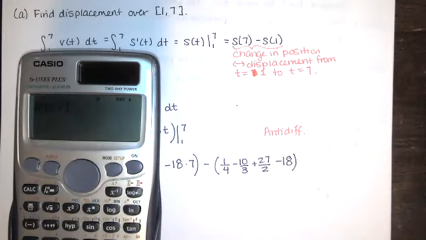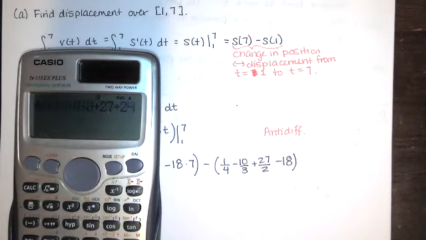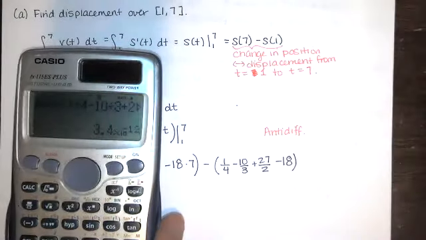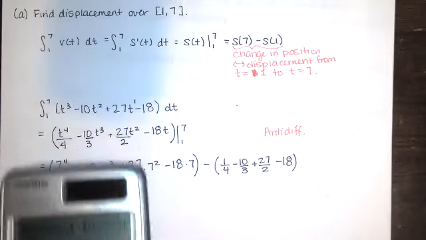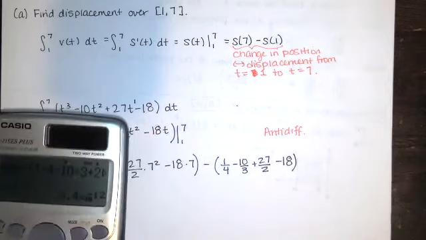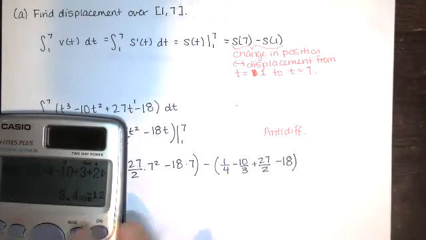So I'm subtracting open parentheses 1/4 minus 10/3 plus 27 over 2 minus 18 close parentheses. And we get that, it's a tiny little thing. 3.4 times 10 to the negative 12. My gosh, is that right? I guess so. Provided I entered everything into my calculator correctly.